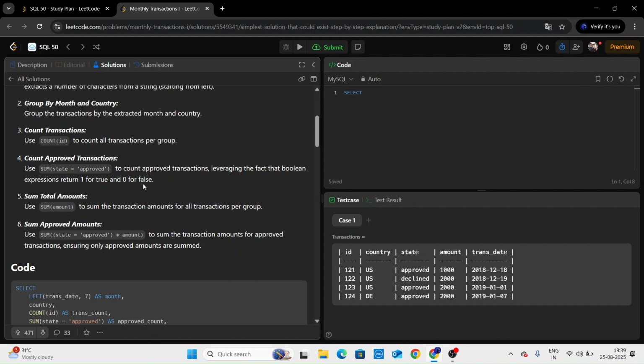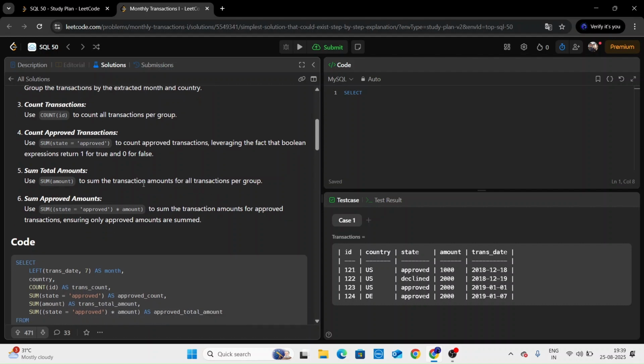Okay, sum total amounts: use sum amount to sum the transaction amounts for all transactions per group. Use sum state is equal to approved into amount to sum the transaction amounts for approved transactions, ensuring only approved amounts are counted. Okay, I understand.